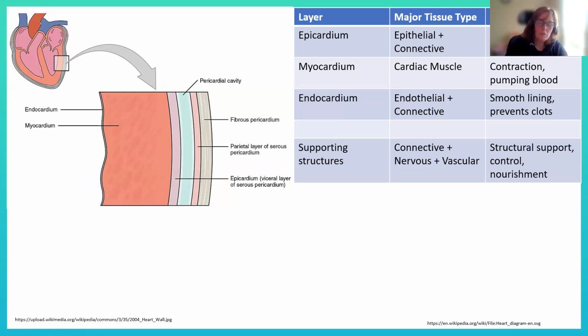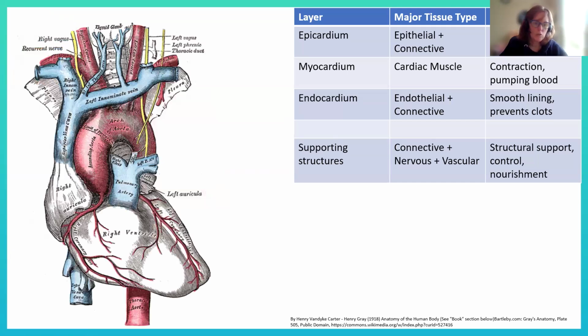If we go on to the next slide, I know this is a drawing, but I like this drawing because it shows all the different structures. We've got all these veins, we've got the muscle, we've got the arteries, there's glands up the top there, we've got nerves, the vagus nerve in there, and it's a good illustration of how many different structures are making up this organ.